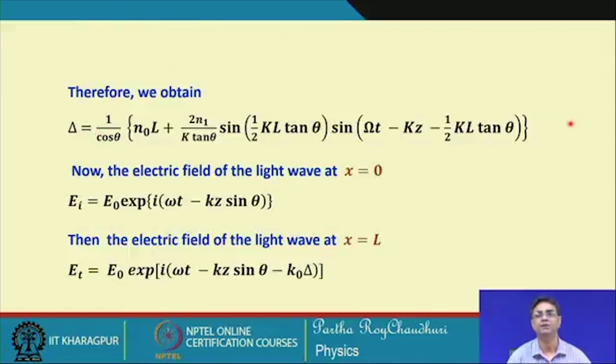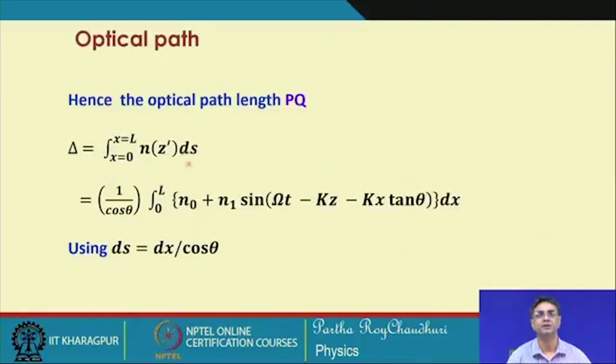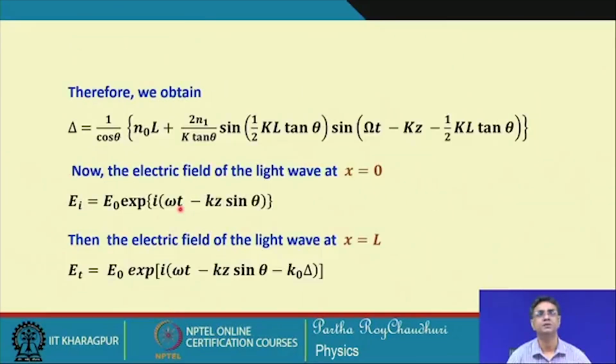So delta n will give you this quantity straightforward from this integration, and now the electric field of the light wave at x equal to 0 is given by this, where this is k z sin theta, and at x equal to L the transmitted field will have k0 multiplied by this quantity which has come from here.